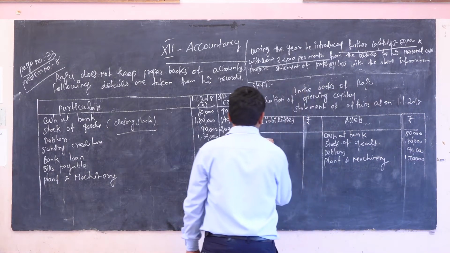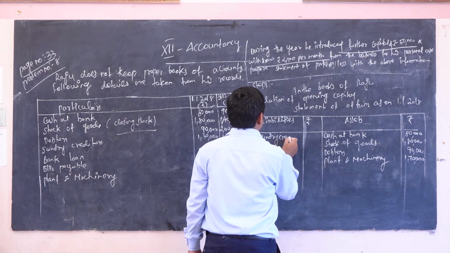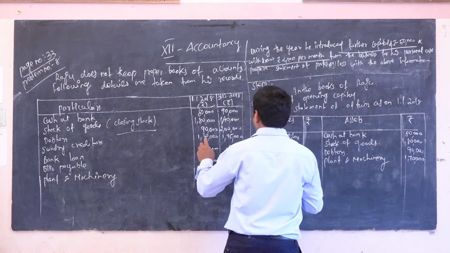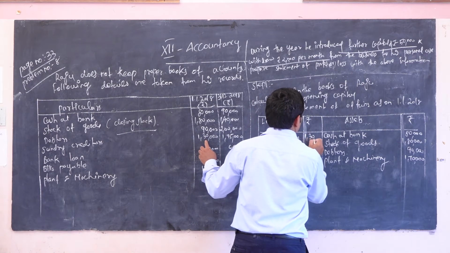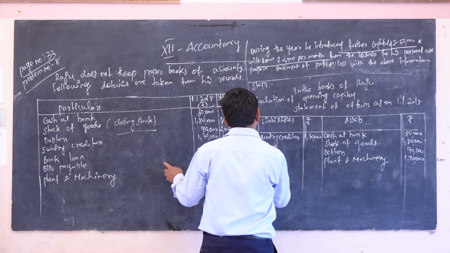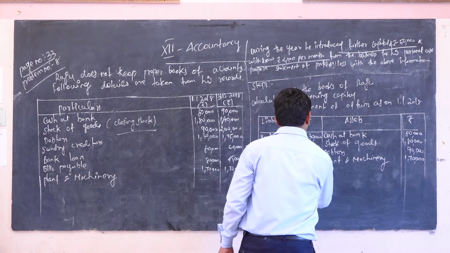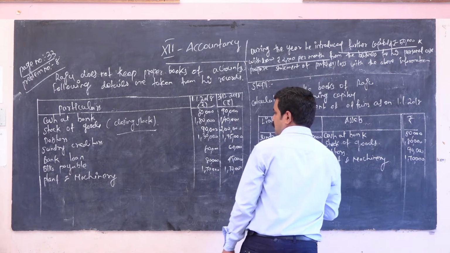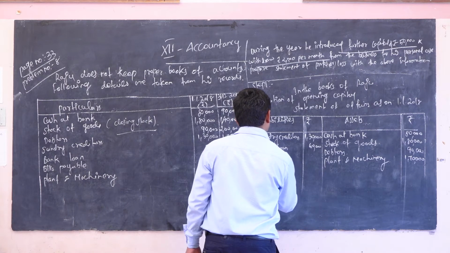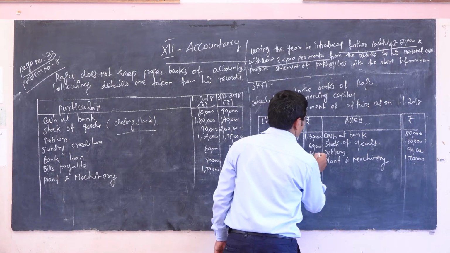Sundry creditor 1,30,000, and bank loan 60,000, bills payable 80,000.